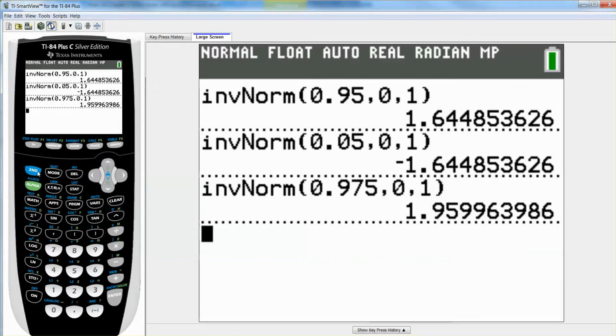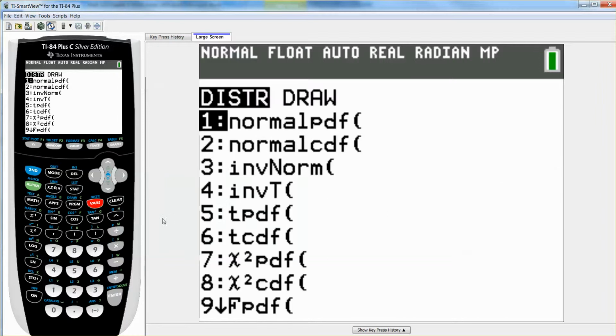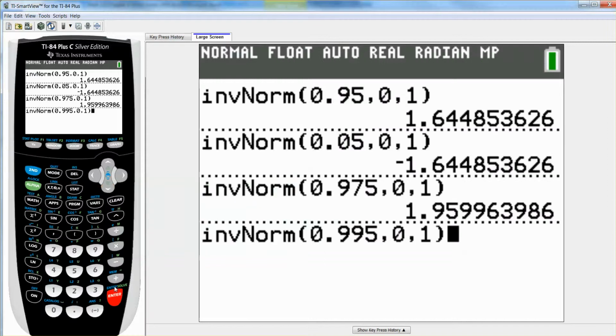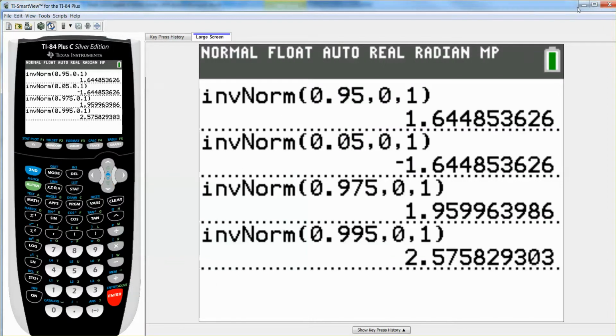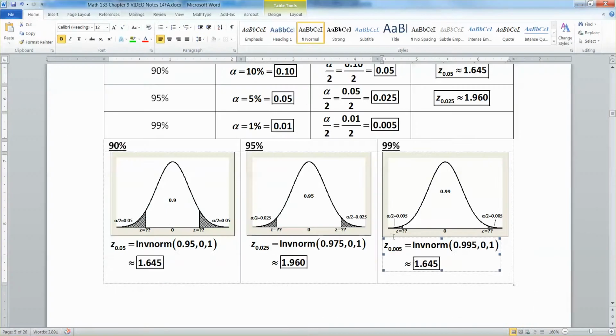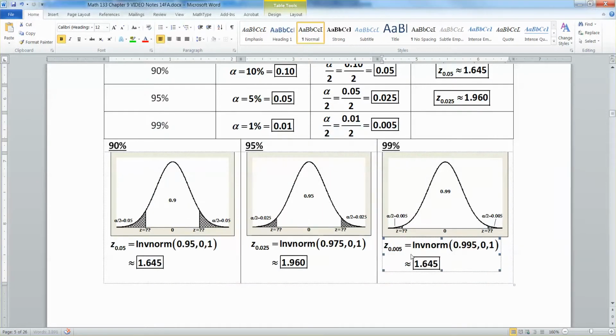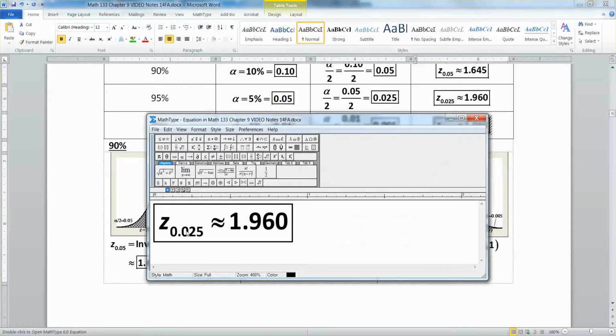So inverse norm, number 3, 0.995, go down to paste and press enter, and I get 2.576. And that would be the value there for z sub 0.005. So 0.005 is 2.576. So it's the same process over and over.